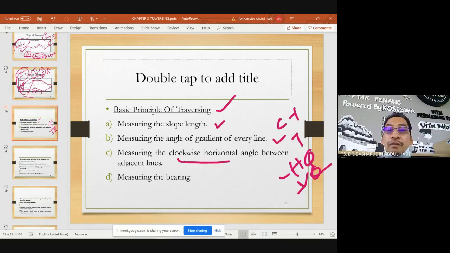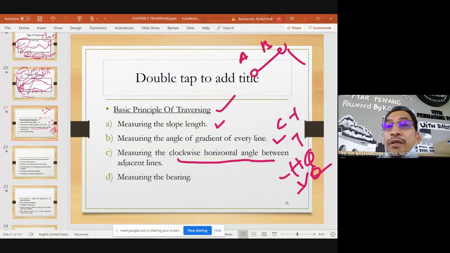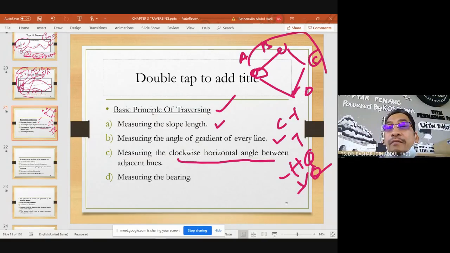Measuring the clockwise horizontal angle between adjacent lines. So if you have point A going to point B, point C going to point D, and coming back to point A, your survey work must flow like this. You go A, B, C, D, and back to A. You cannot go the opposite way.